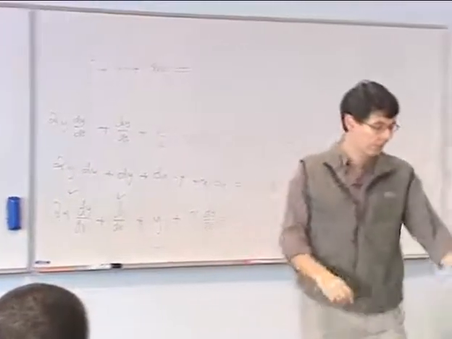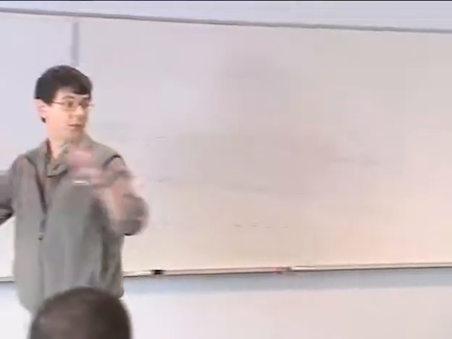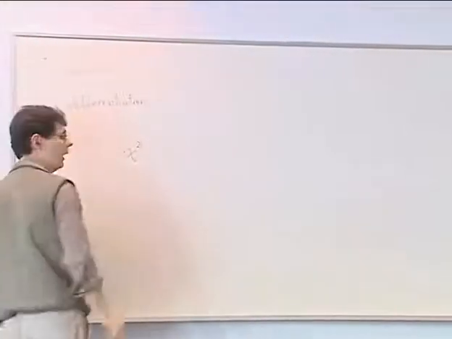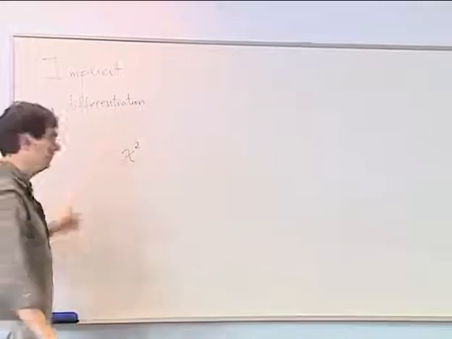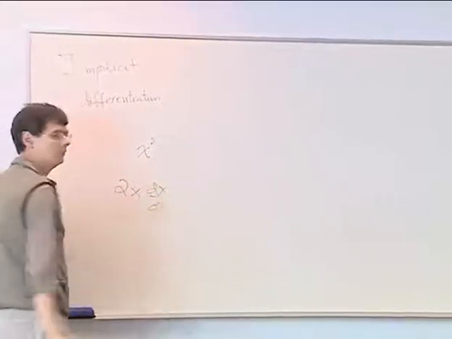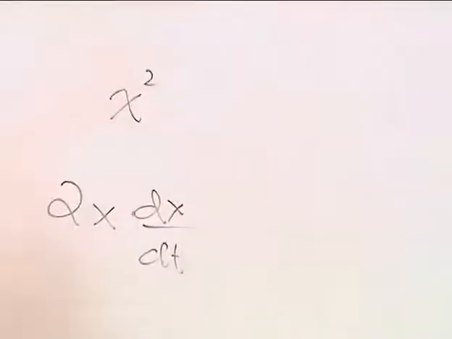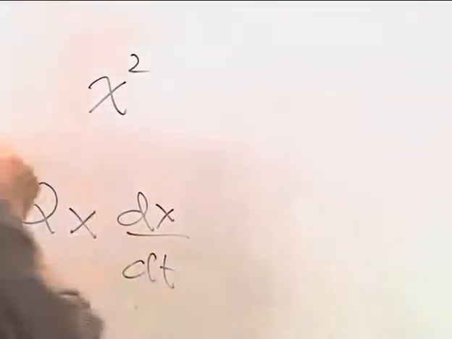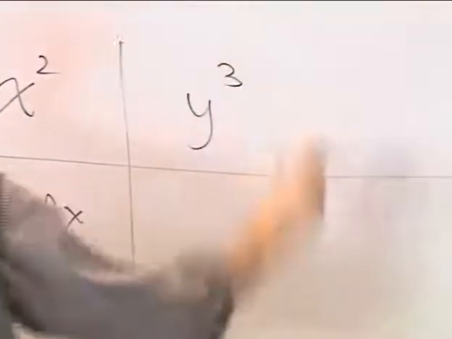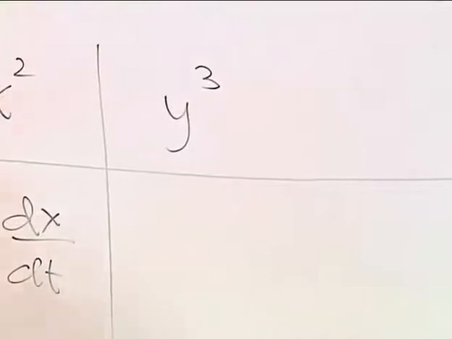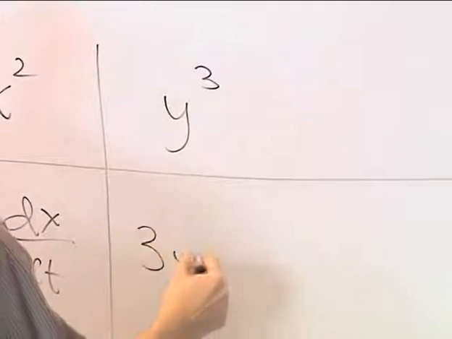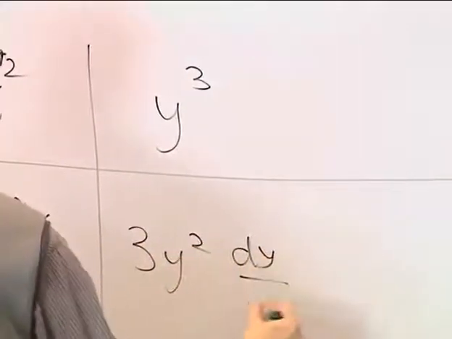Okay, let's see. If you are doing implicit differentiation and you see a term like this, how do you take a derivative of that? That's what happens. If you are doing implicit differentiation and you see a term like this, what do you see here? 3y squared dy dt.